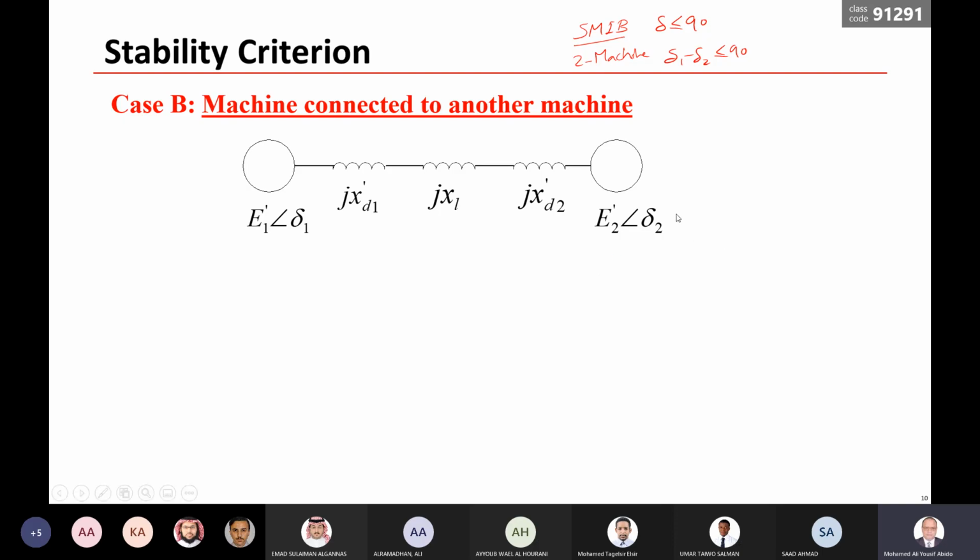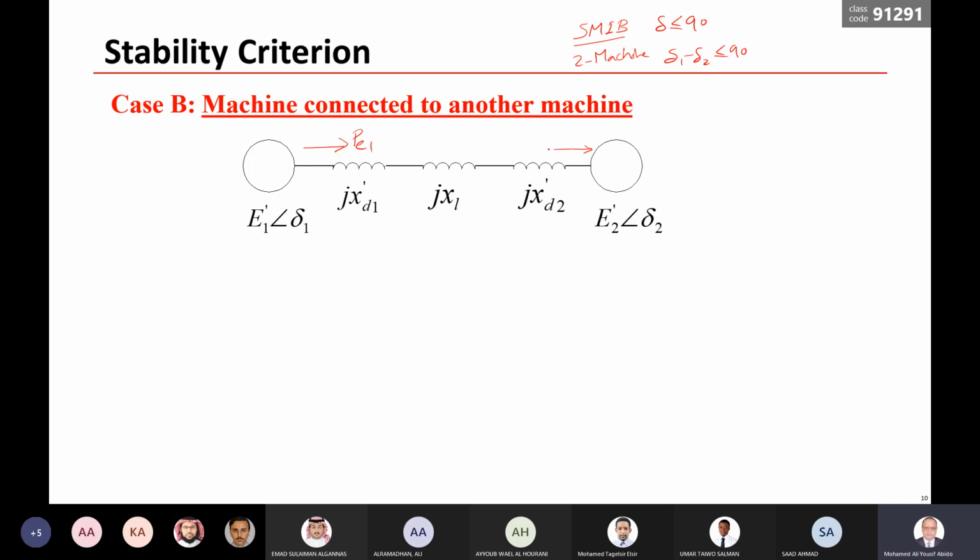You are right. What we can do to derive this criteria is to write the swing equation for machine number 1 and the swing equation for machine number 2. Of course, if this is P electrical 1, this power will go to machine number 2.